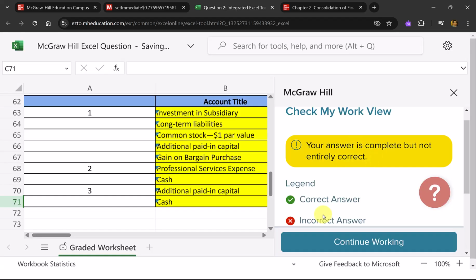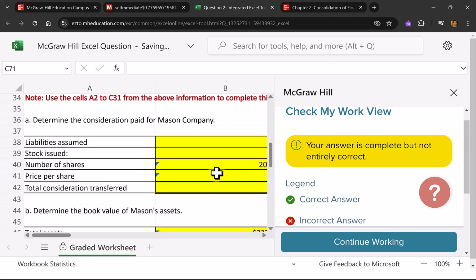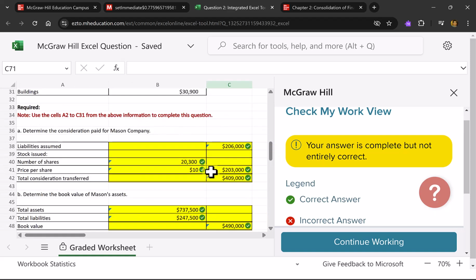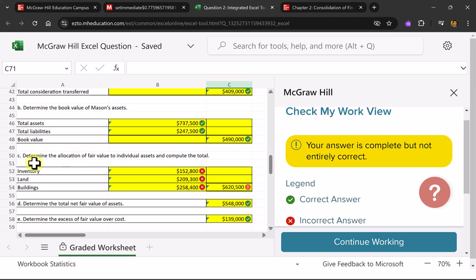Something's wrong. Let's go to the top here and zoom out to see more. Determine the allocation of fair value to individual assets and compute the total.